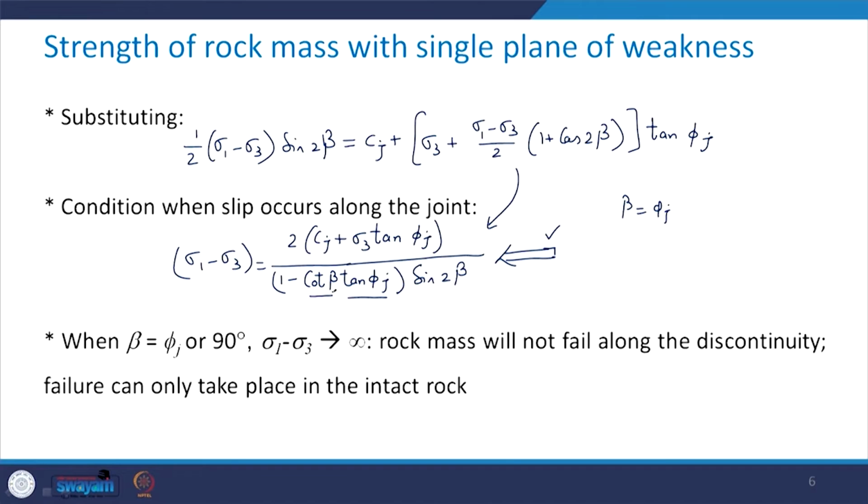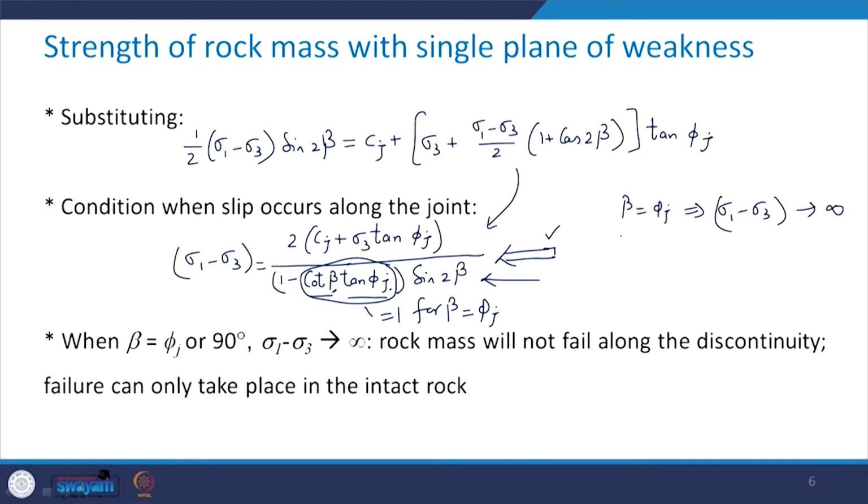If beta becomes equal to phi j, this quantity will become equal to 1. Once it becomes equal to 1, the denominator will become equal to 0, and that would result in sigma 1 minus sigma 3 tending to infinity.